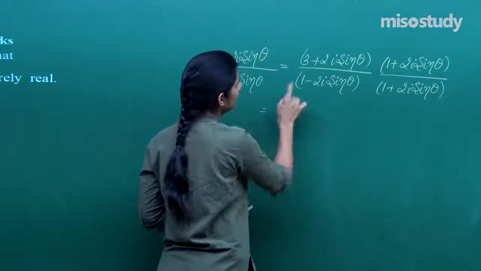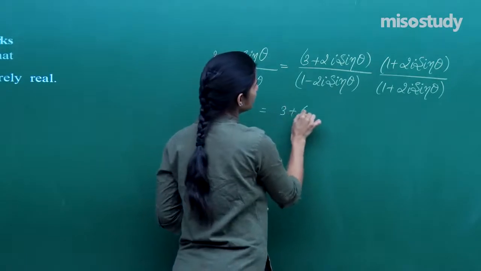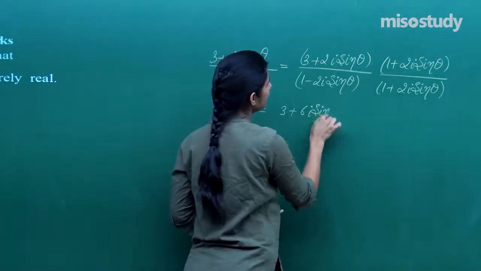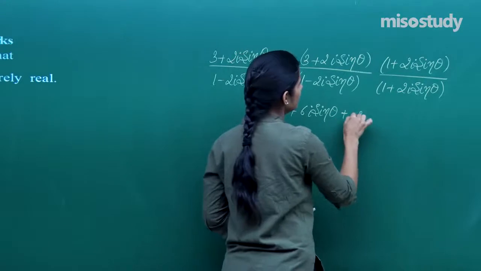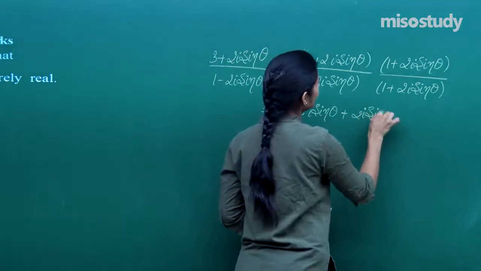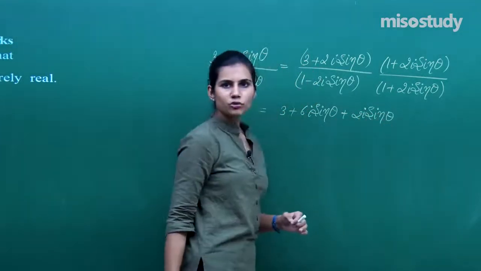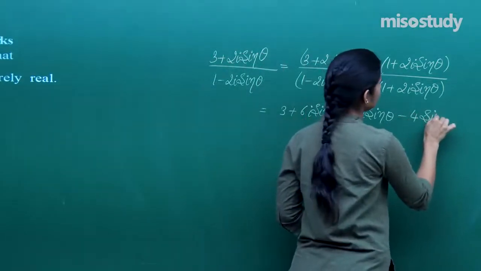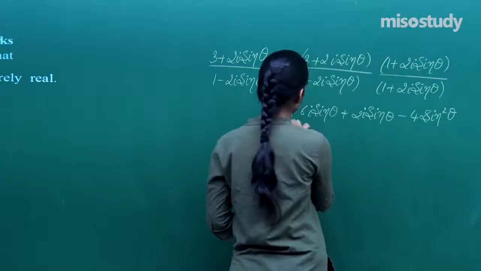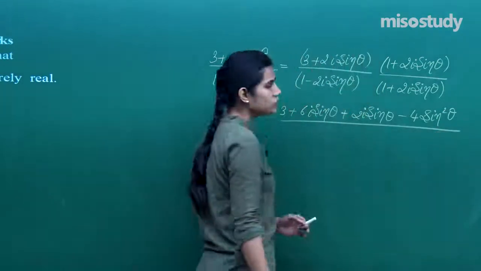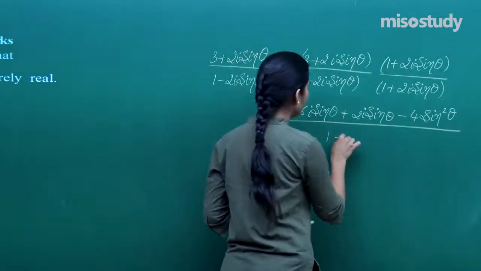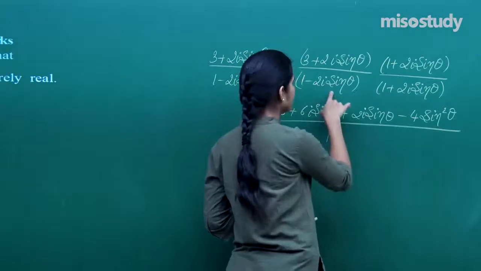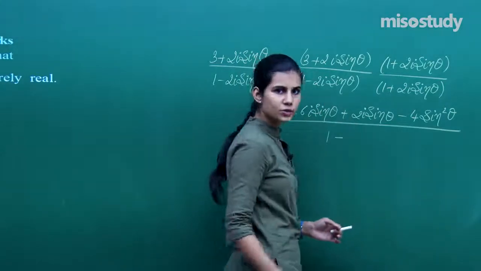Clear? 3 into 1 is 3 plus 6 iota sine theta. Just keep on simplifying, it's very easy. Plus 2 iota sine theta. And then it is 2 iota into 2 iota is 4 iota square, which is minus 4 sine square theta. Whole upon a plus b into a minus b is a square minus b square, that is 1 minus 4 iota square sine square theta.